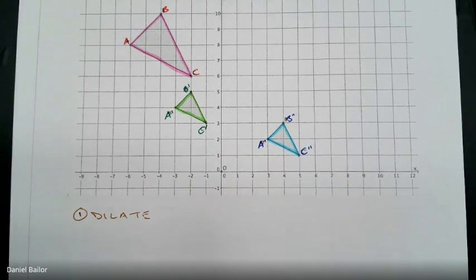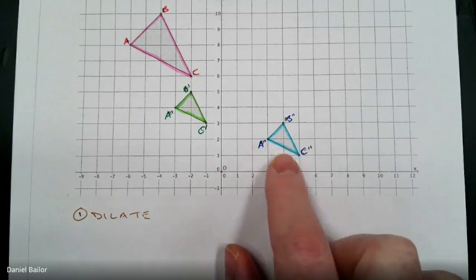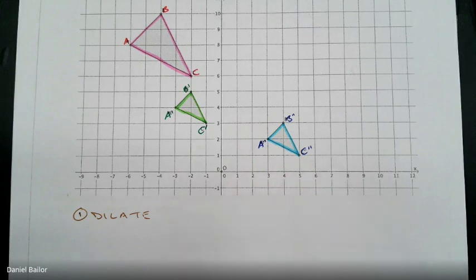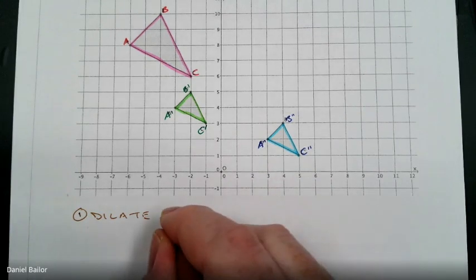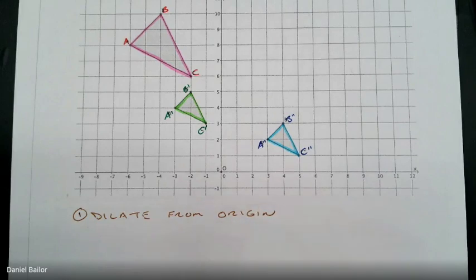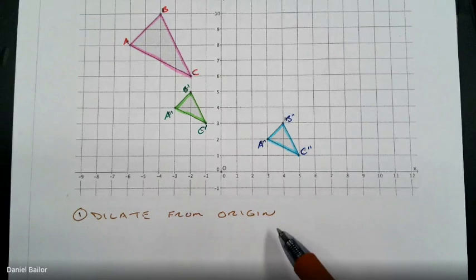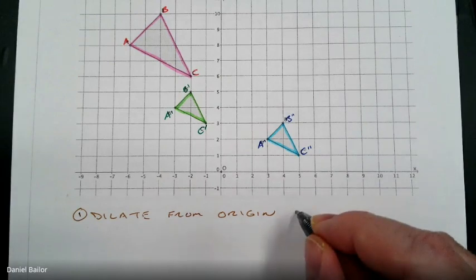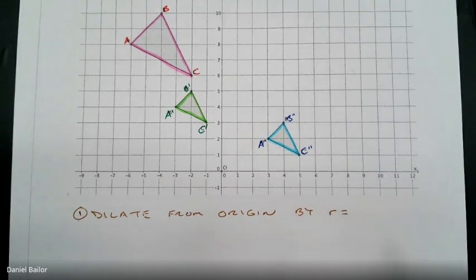So now, how are we going to match the size? Well, let's dilate from the origin, because we need to know where our center is, and dilating from the origin is the easiest. So let's dilate from the origin by r equals, what's r going to equal?